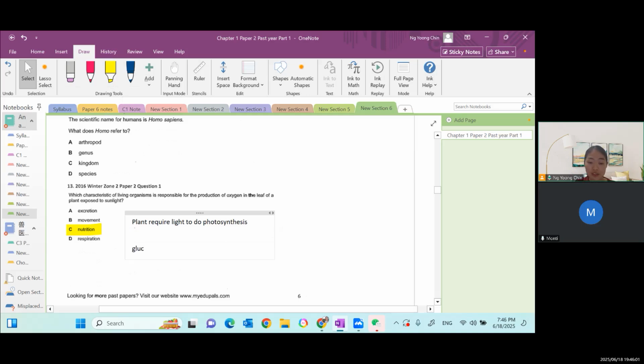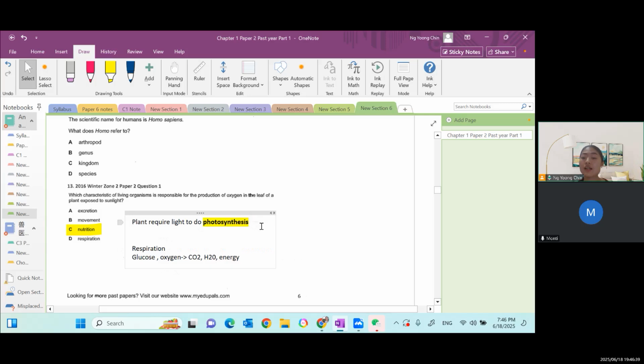We use glucose together with oxygen, and then we release carbon dioxide, water, and energy. This process is respiration, correct? Do we require light to do respiration? No. So plants, if they want to do respiration, it's similar to humans. They don't require light to do respiration, but they require light to do photosynthesis.